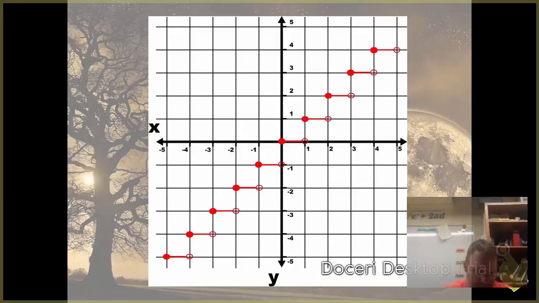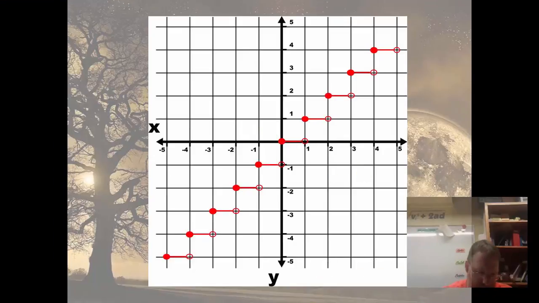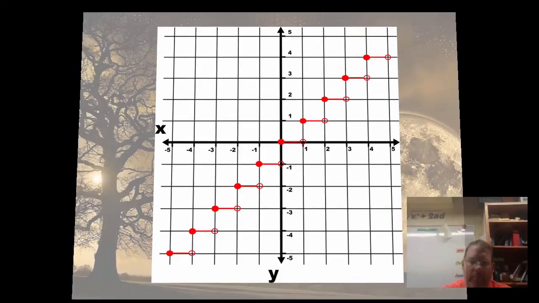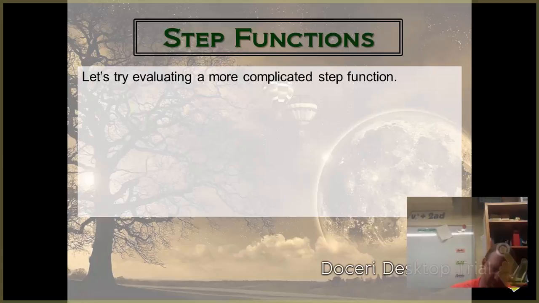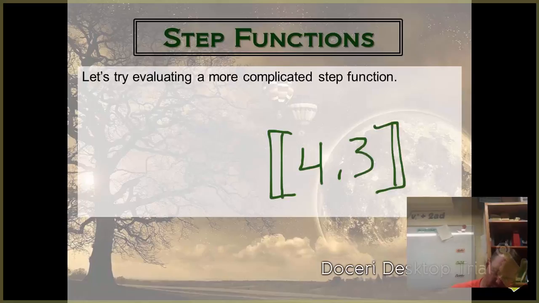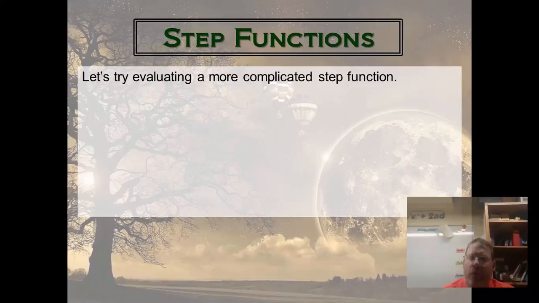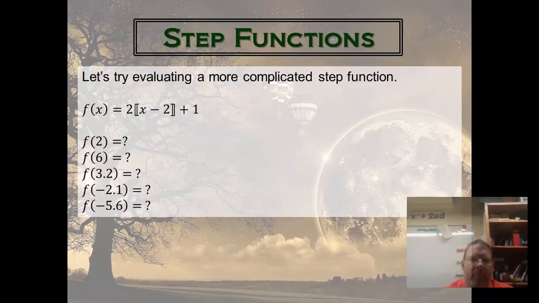Alright, let's continue on. In the previous couple of slides, we went through the example that the greatest integer up to 4.3 was equal to 4, and then we did some numeric examples. What I want to do in this one is give you a formula and have you figure out what value gets kicked out after you've done the complete formula.